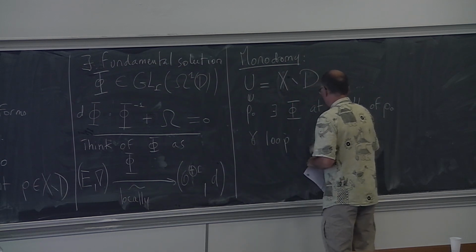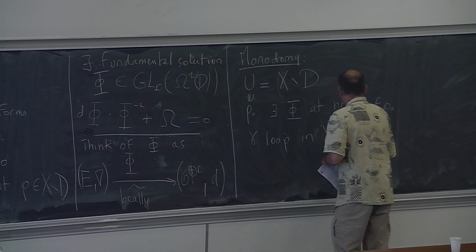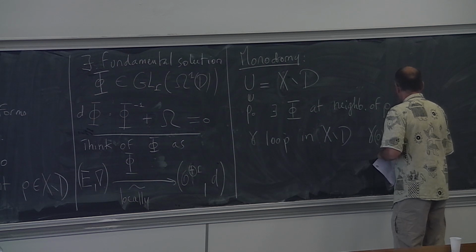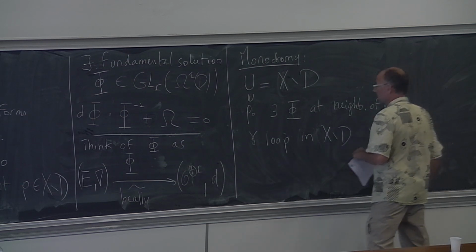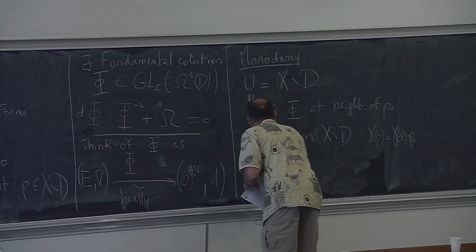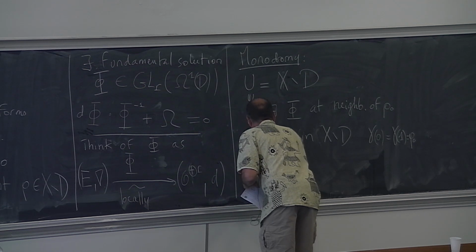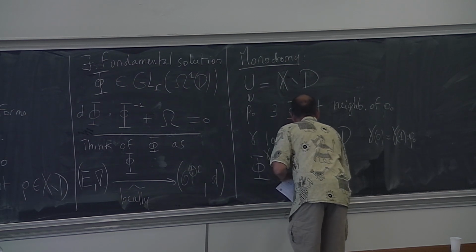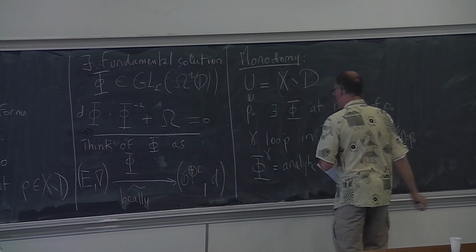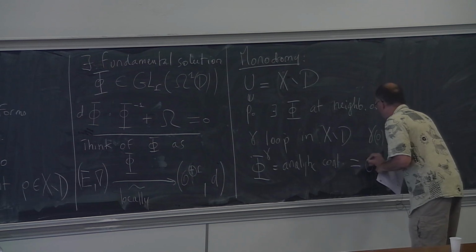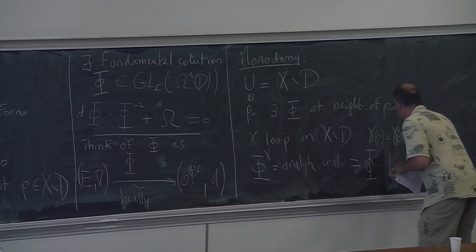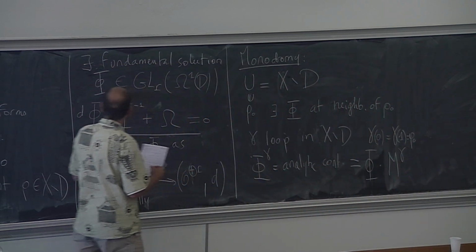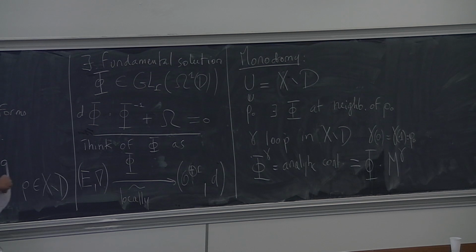in X minus D, with gamma of 0 equal gamma of 1 equal P0, then you can look at the analytic continuation of phi. And this equals phi times m gamma. It is a change of basis of solutions, so of the vector space.